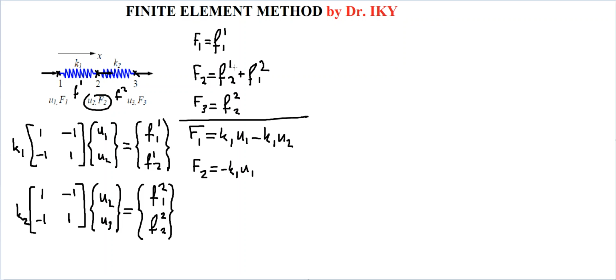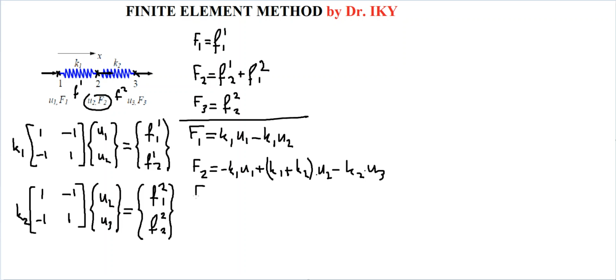K1 is coming from here, K2 is coming from here behind. So I will write K1 plus K2, this is for U2, and we also have minus K2 U3.